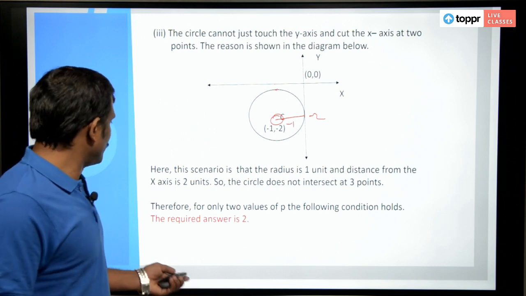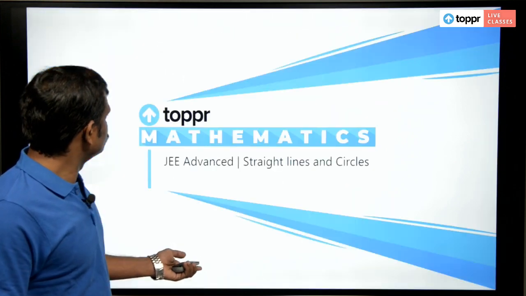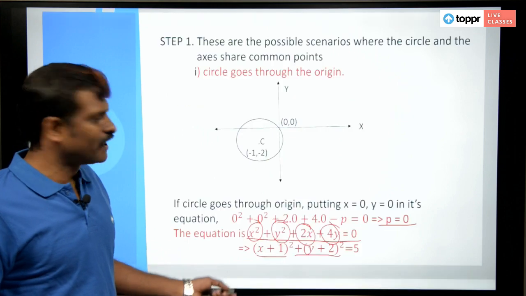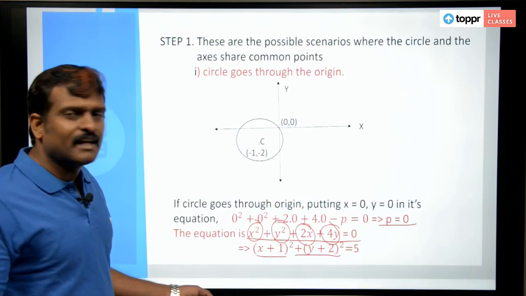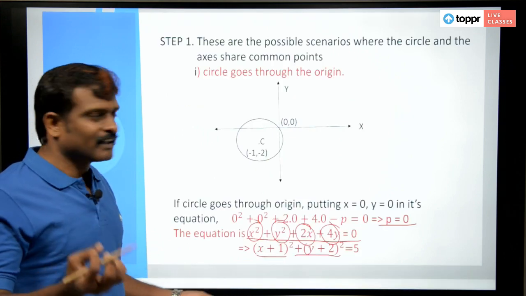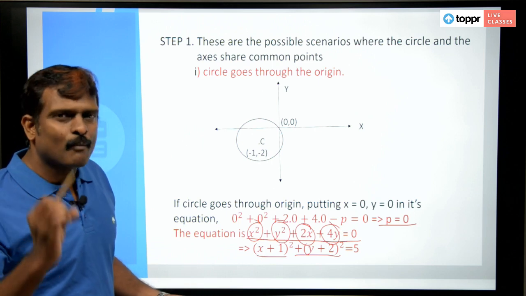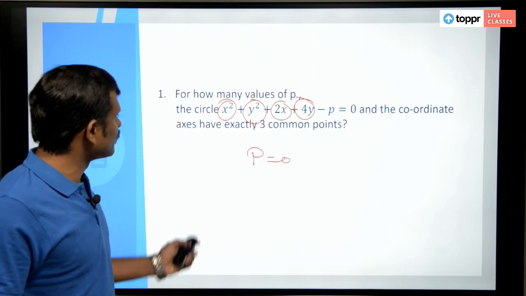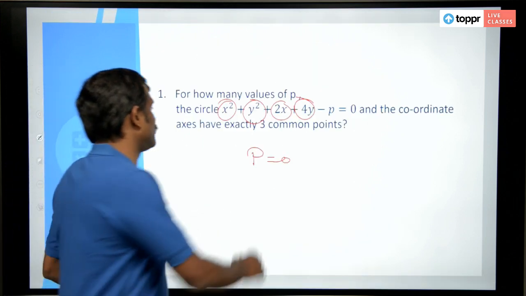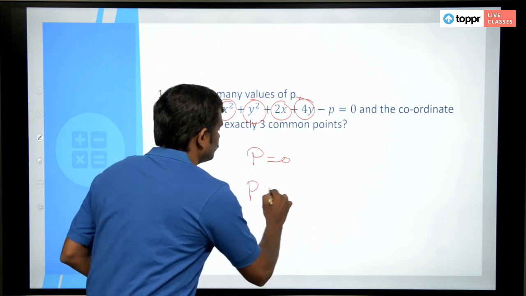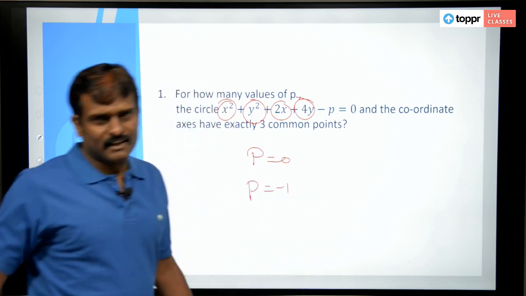So, what did we get here? We have only two cases where the possible values exist, with exactly three common points with the axes for this circle. They are p is equal to 0 and p is equal to minus 1.